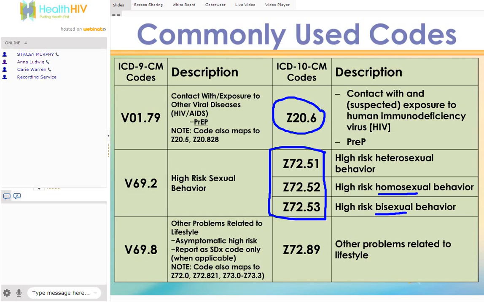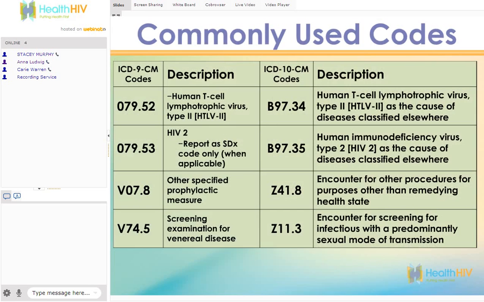The other problems related to lifestyle code maps to 1 code, Z72.89. Your human T-cell lymphotropic virus code, B97.34. This is the B97.35 code that we were talking about for the HIV-2 virus.